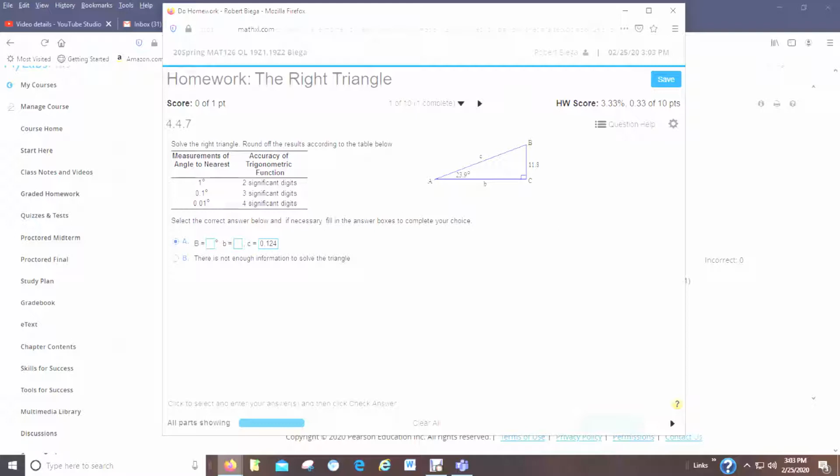So, for instance, on this problem here, our angle is 23.9 degrees. So, therefore, we are rounding our angle to one decimal place, which means the sides have to be 3 significant digits. That's not 3 decimal places. That means there are 3 digits in the answer. So 11.8 has 3 digits.